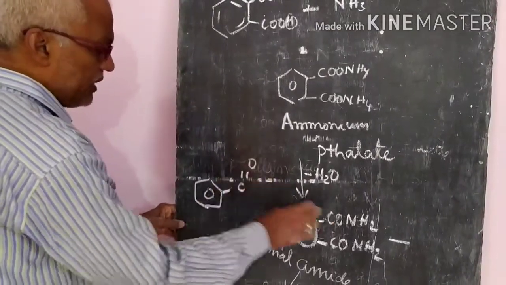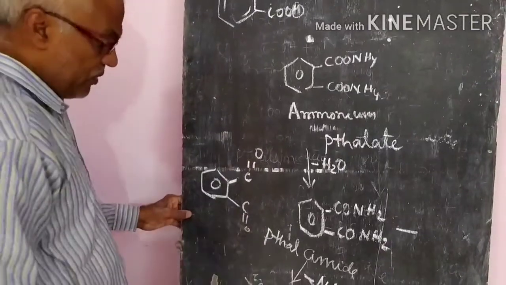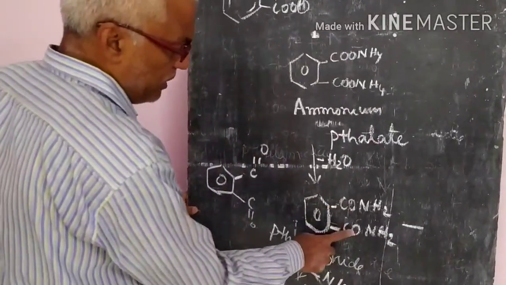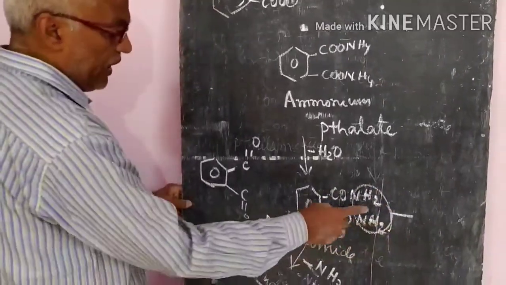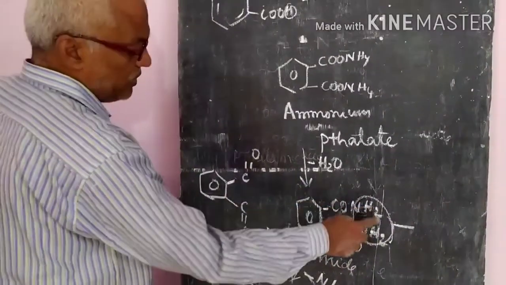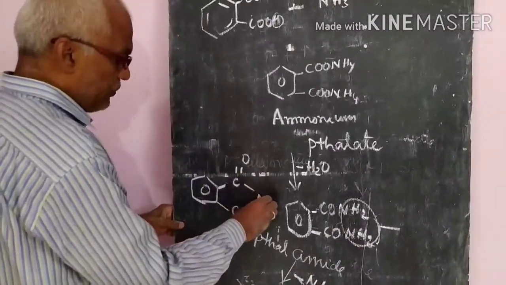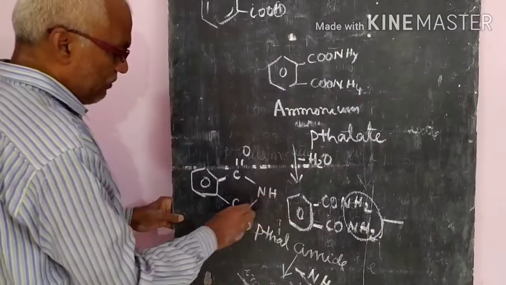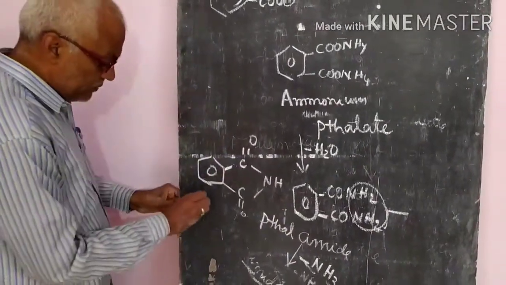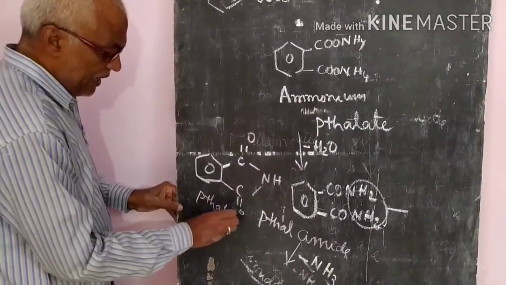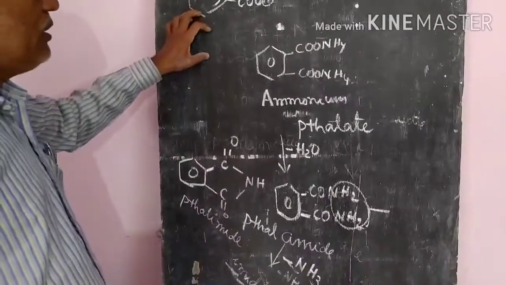C double bond O is there here, and here also C double bond O. Of the NH4 and NH2, three hydrogens and the nitrogen are removed, and the NH will be left and added on both sides. So this is called the phthalimide. Phthalimide. This reaction is more important.